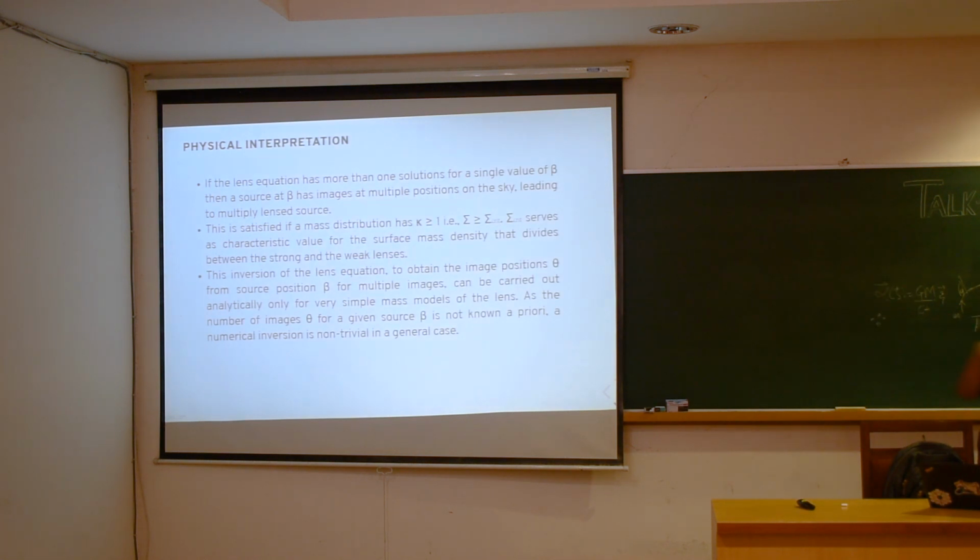Then solving the lens equation analytically becomes much simpler, and we do that for simple mass models of the lens. I will not go into the details, but we model different types of lens and try to solve that equation. The point to keep in mind is that it gets easy if you know a priori the exact number of images you are going to get. So this is the takeaway from this slide.